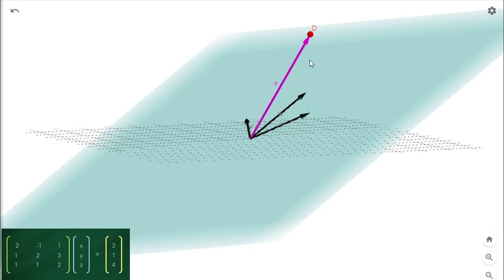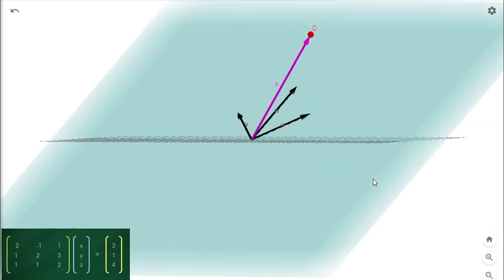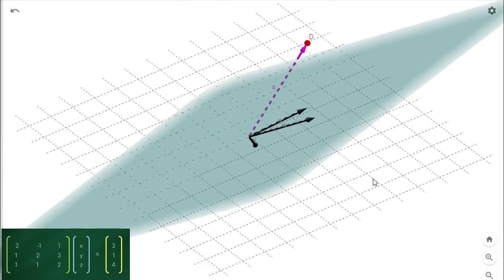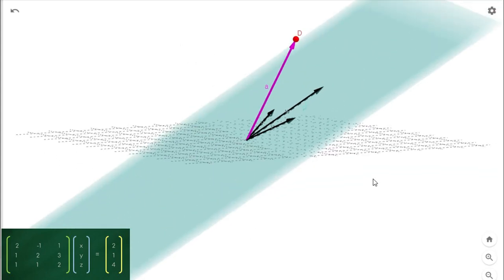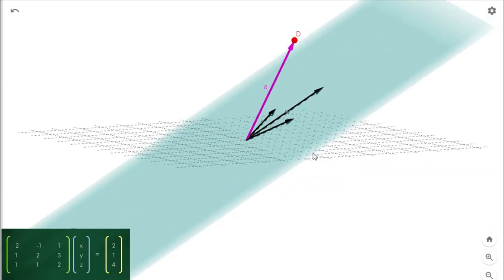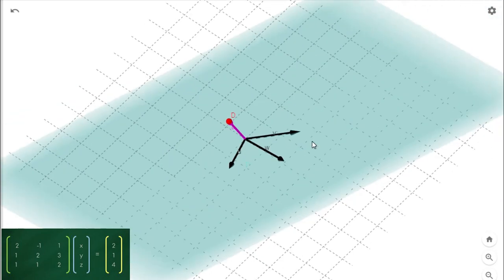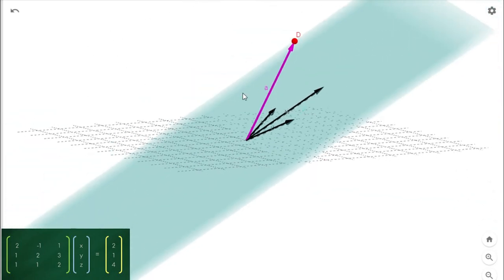So the right hand side vector, the purple one, I want to get as close as possible to that vector, but we cannot go beyond the column space. This plane is all I can go to.